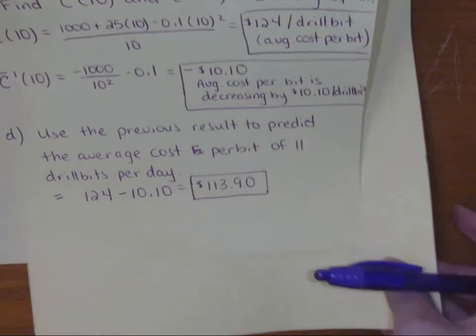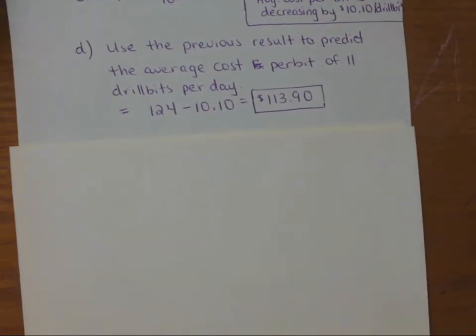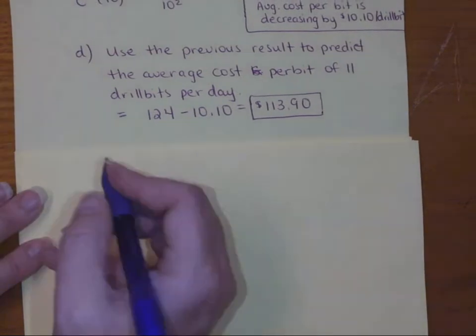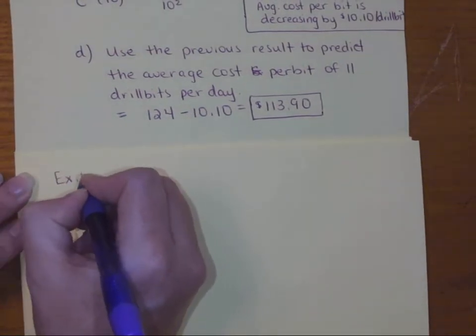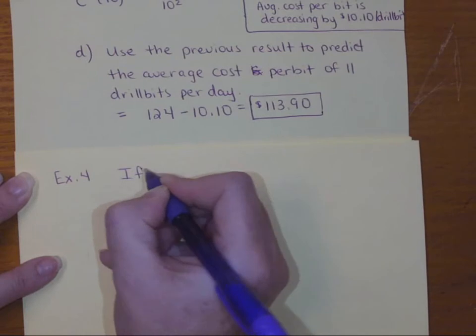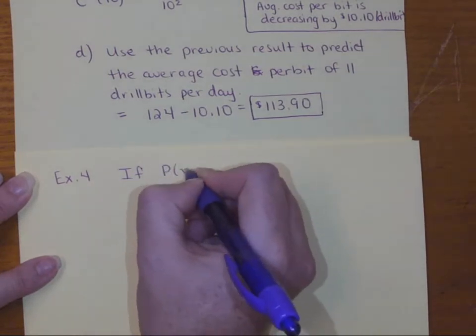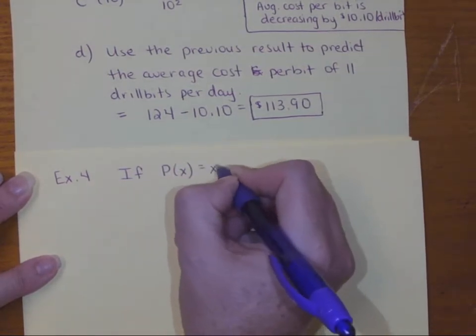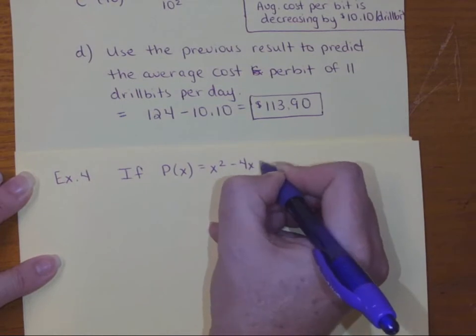All right, so I've been focusing a lot on cost. So I want to make sure that I at least mention that you might not have marginal cost. You might have something else, like marginal revenue or marginal profit.